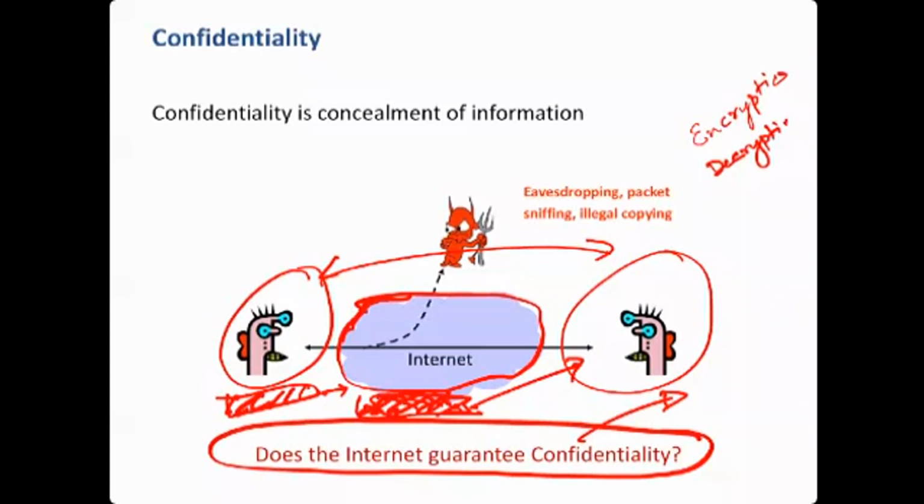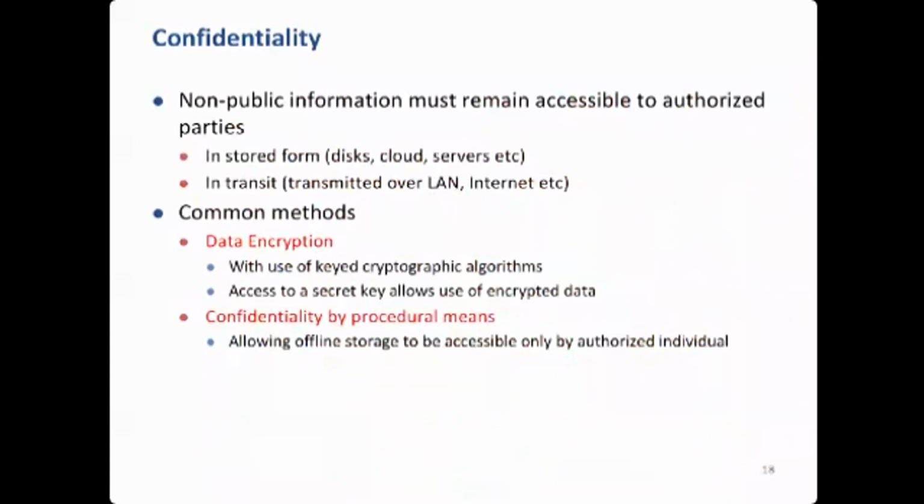Simple? All right. So these are some more details. Now what we have discussed is actually over the internet, but documents, for example, even on a hard disk, should remain confidential. Then what do we need to do? We need to encrypt the hard disk, right?